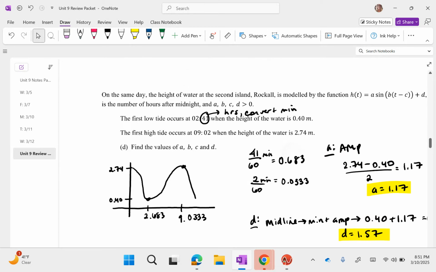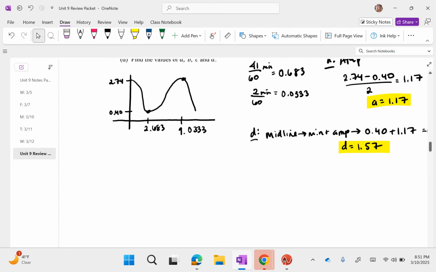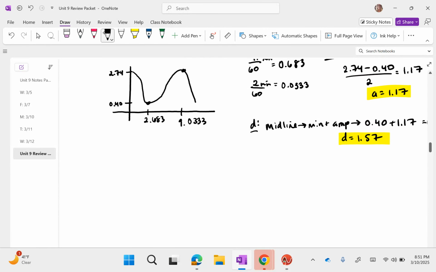I need to find B, which is related to the period. Okay, so the period is going to be the distance from the minimum to the maximum, and then just multiply that by 2, and that's going to give me the period. So let's start with the maximum and then subtract off the minimum to get me that horizontal distance between the two, right?